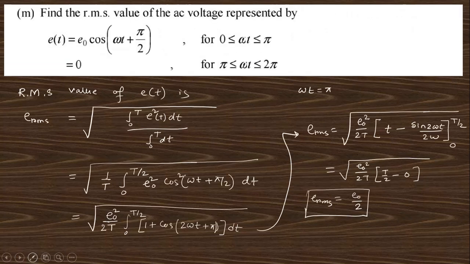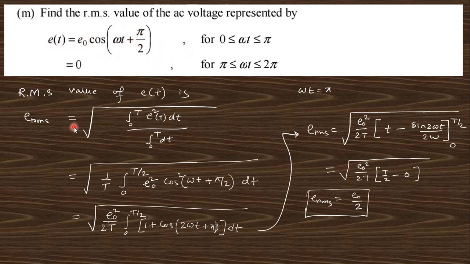Find the RMS value of the AC voltage represented by this. This is the potential expression.